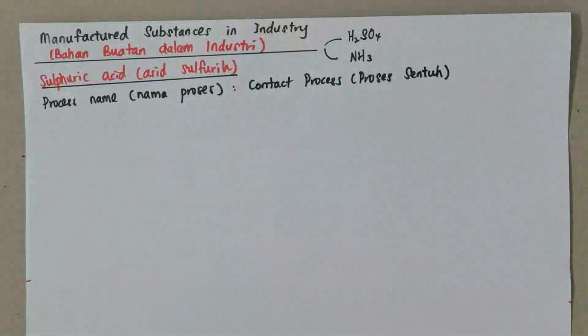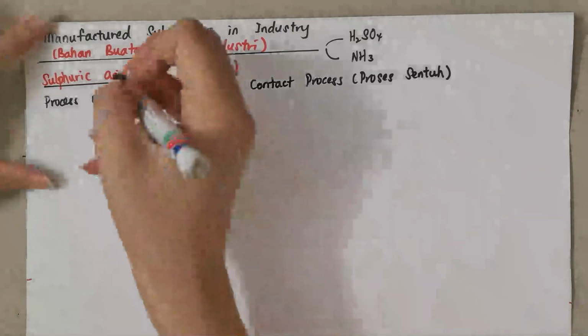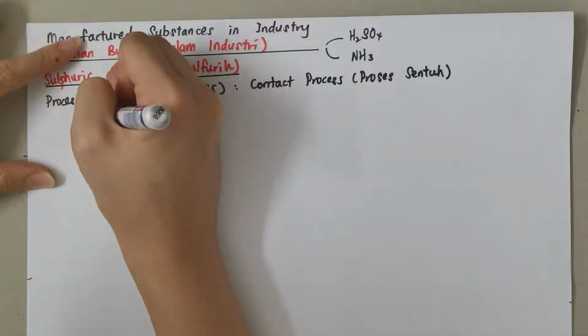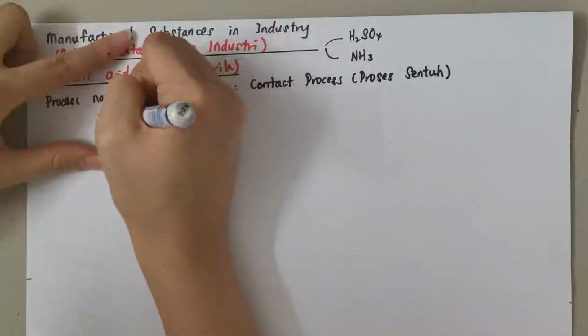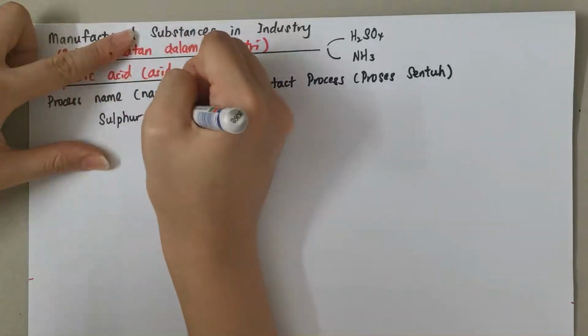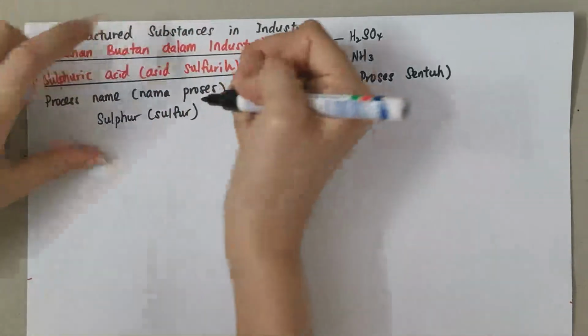The main ingredient, bahan utama, is sulfur. We start everything from sulfur.